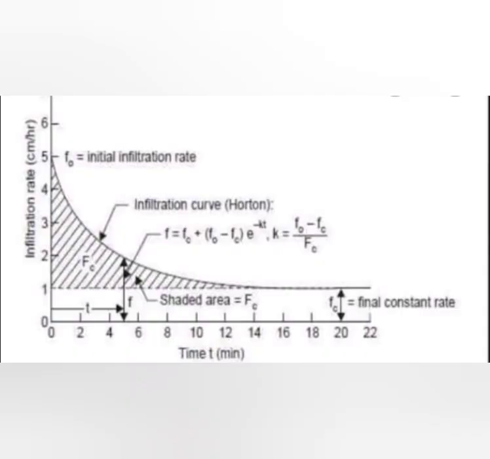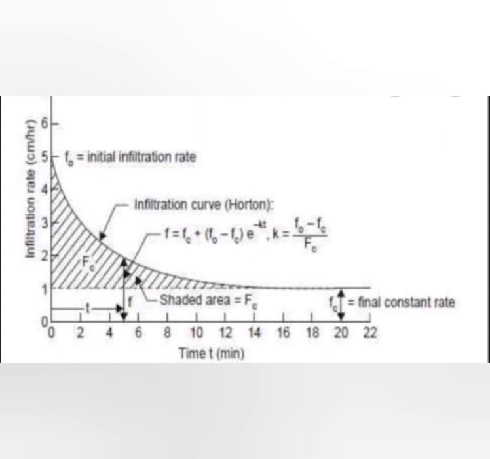Now we have Horton's infiltration graph here. In this infiltration curve, we can see the infiltration rate on the y-axis with units of centimeter per hour, or it can be mm per hour, and on the x-axis we have time. Time can be in minutes or in hours.